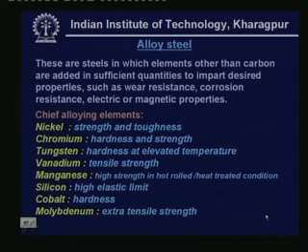Tungsten increases hardness at elevated temperatures. So tungsten steels are one of the very hard steels, and if you are using small journal-type bearings, you can sometimes use tungsten bearings, which, because of their hardness, won't wear out rapidly.